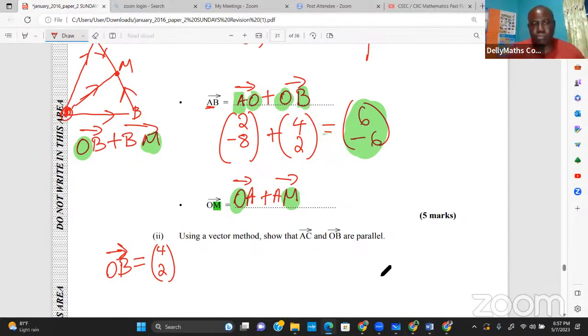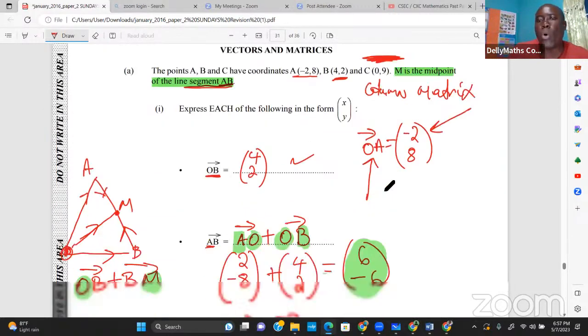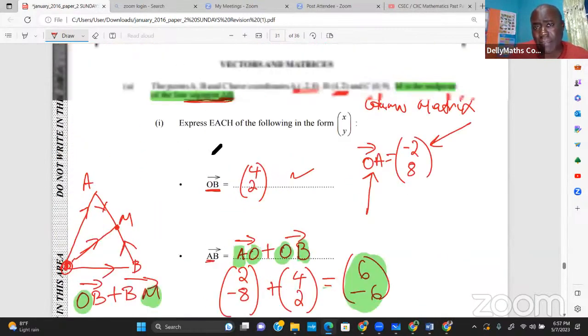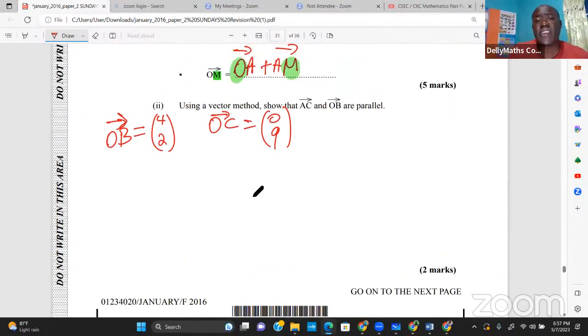All right, let's go for AC. Now there was a point C that was given, it's 0, 9. This is 0, 9 right there. C is 0, 9, that means I know OC. Watch this. I have OC, which is 0, 9. Let me take a look at it again. Can't make any mistake with those. So OC is 0, 9.